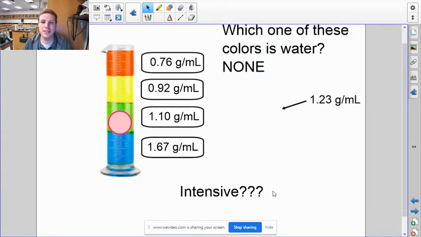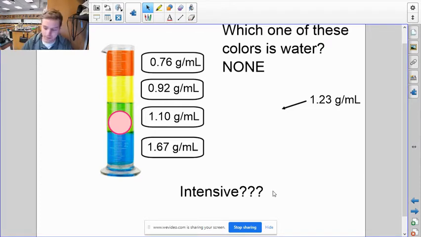And then I mentioned intensive. Okay, so again, intensive doesn't mean that density can never change. It just means changing the amount of your stuff won't change the density. So for example, let's say the density of my coffee here is 1.05 grams per milliliter. If I sip some of this coffee, so there's a little bit less in here, the density is still 1.05 grams per milliliter. So that density doesn't change.